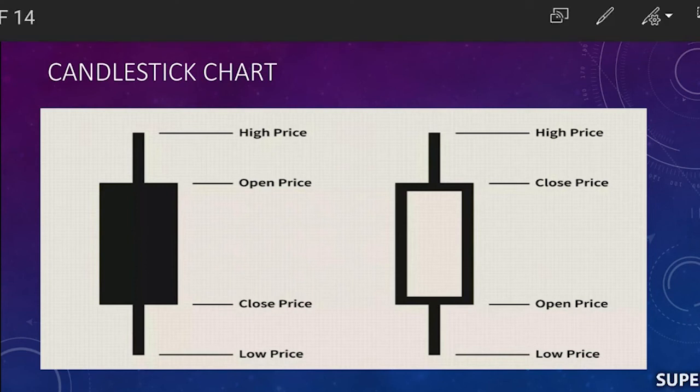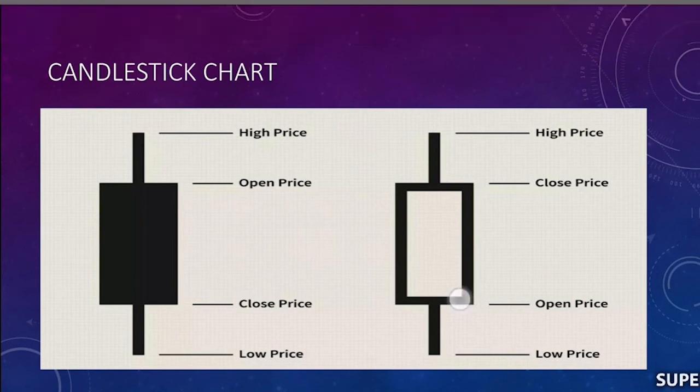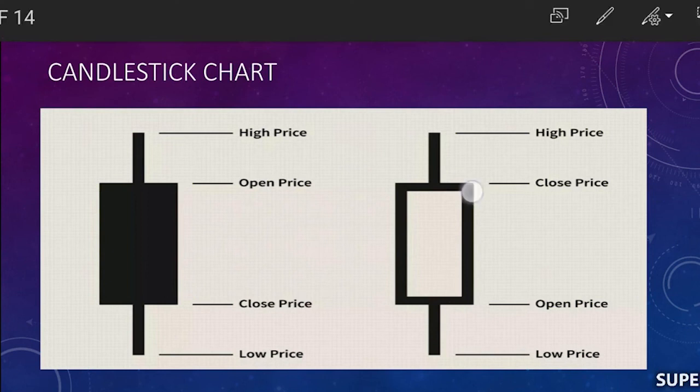And if the color of the real body is white, the bottom part of the real body indicates the opening price and the top part indicates the closing price. So here the opening price is low and the closing price is high. So there is an increasing tendency in price, a bullish tendency. Okay, so these are the methods by which we can identify the different prices, like opening price, closing price, high price and low price of a day, by using a candlestick chart.